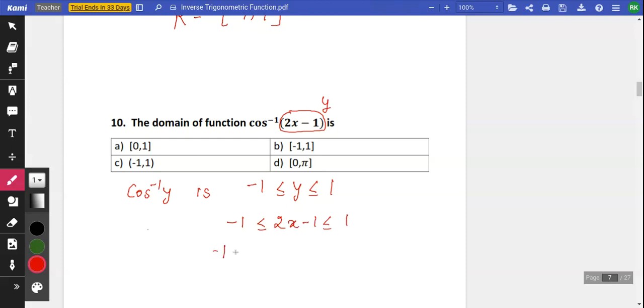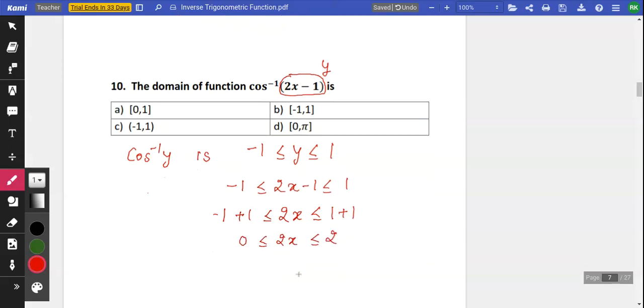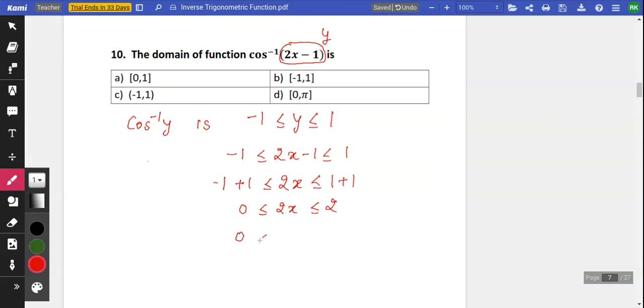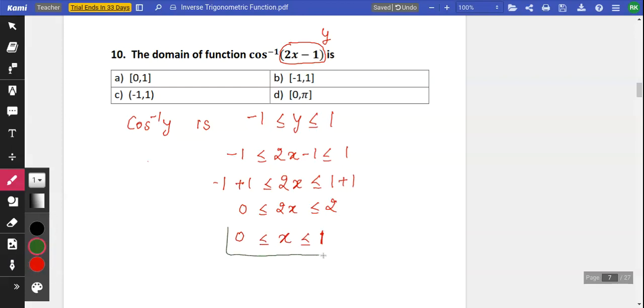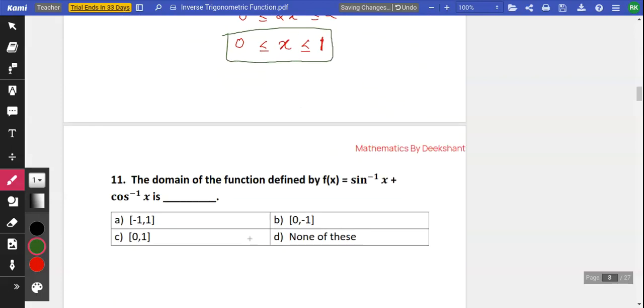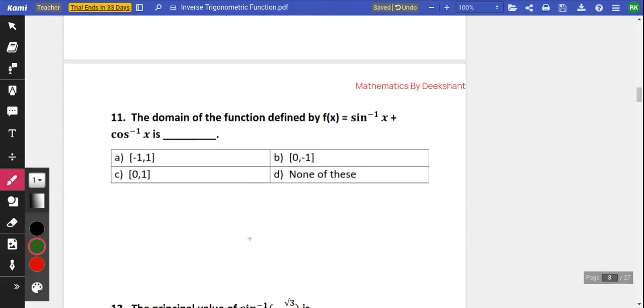Add 1 both sides, it becomes 0 less than or equal to 2x less than or equal to 2. Divide by 2, it becomes x from 0 to 1. So the domain of this function is 0 to 1. Correct answer is option A, 0 to 1. In 11th question, find the domain of the function sine inverse x plus cos inverse x.